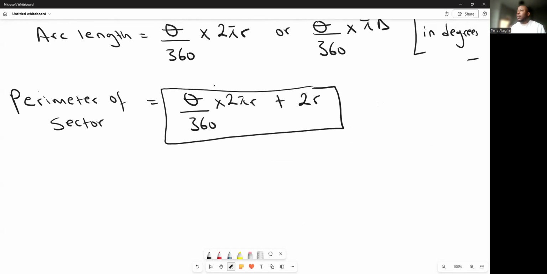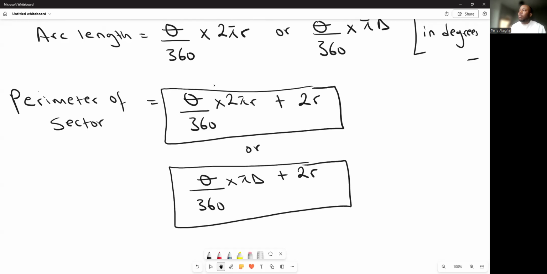Or you can say theta over 360 times pi d, if you're given a diameter, plus 2r.